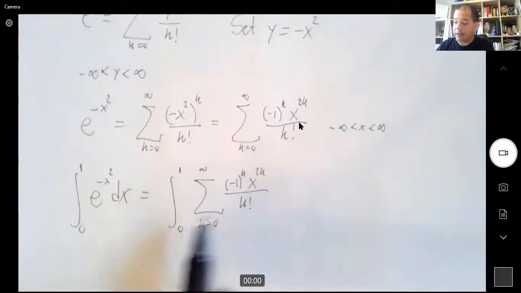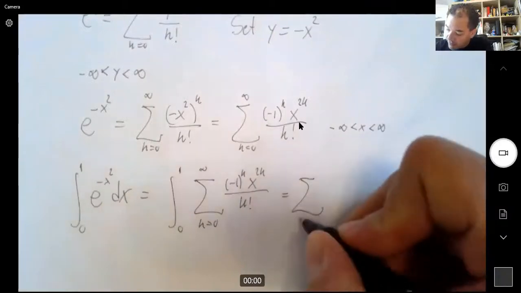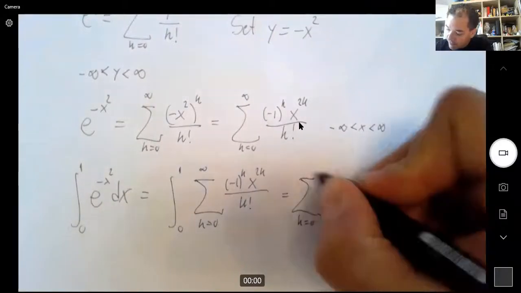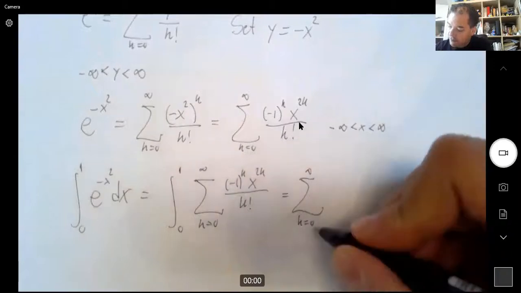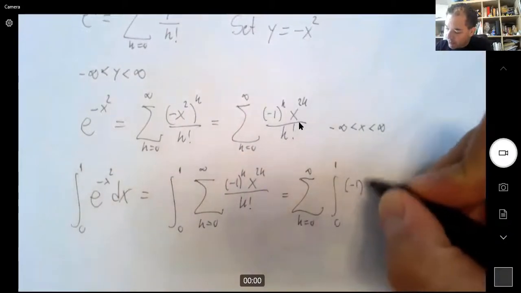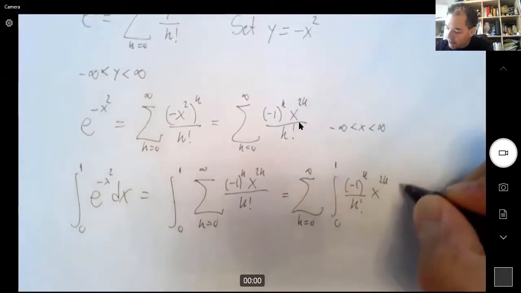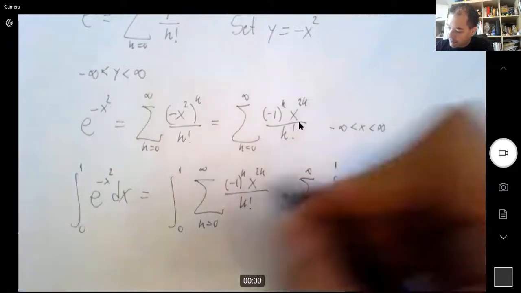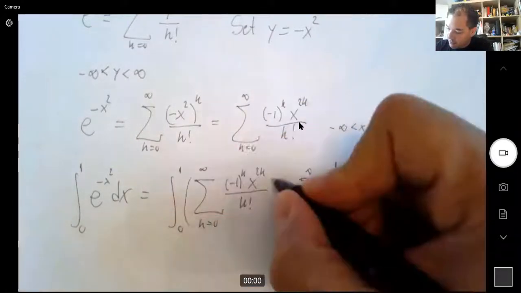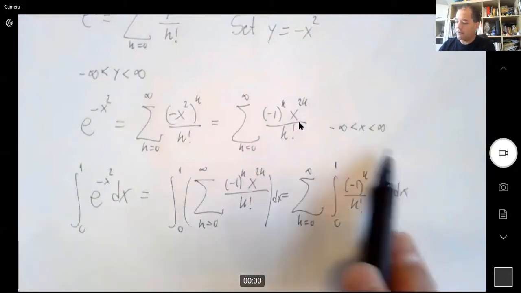In other words, we are allowed to switch these two operators. So we get the series from 0 to infinity of the integral from 0 to 1 of negative 1 to the k over k factorial, x to the 2k, dx. There's a dx missing over here, let me put it right here. So all I need to do now is this integral.